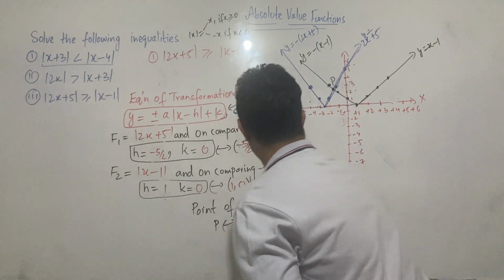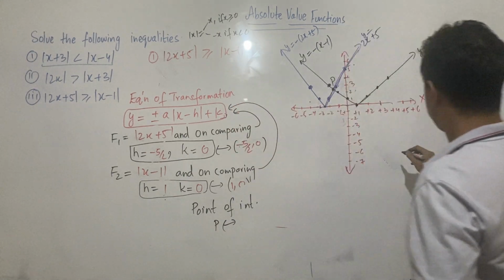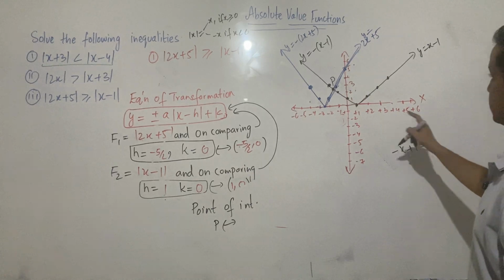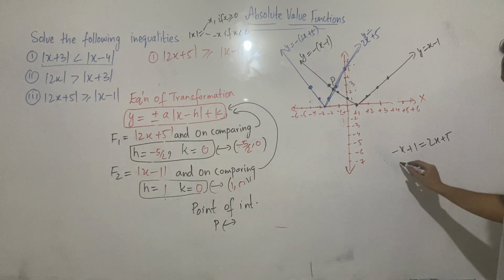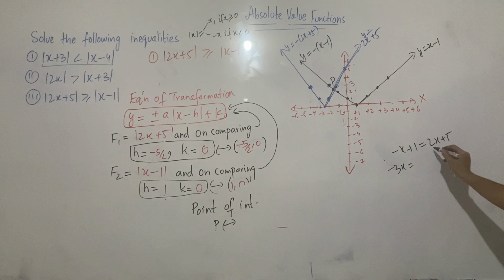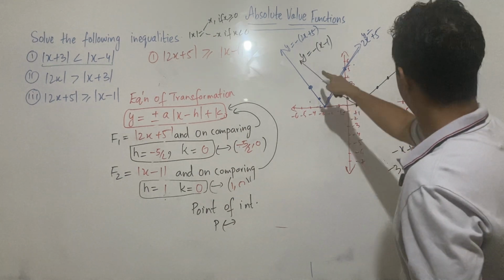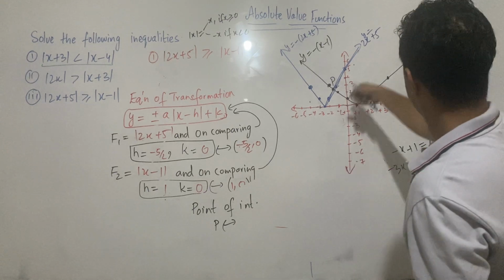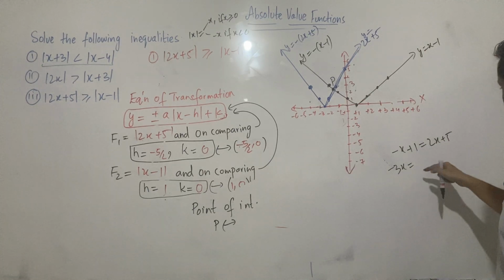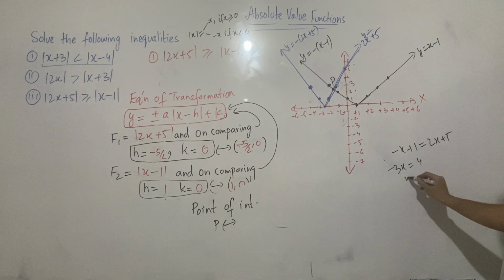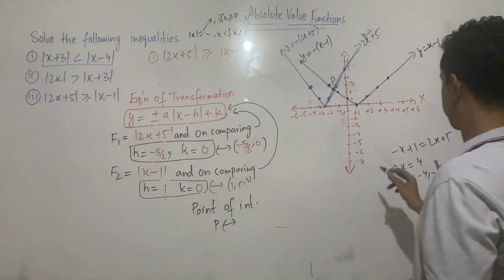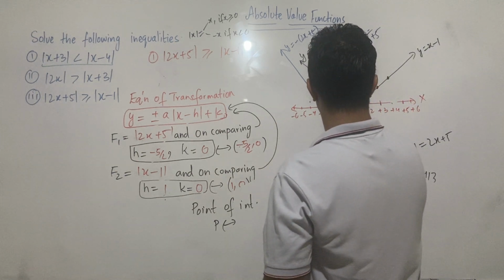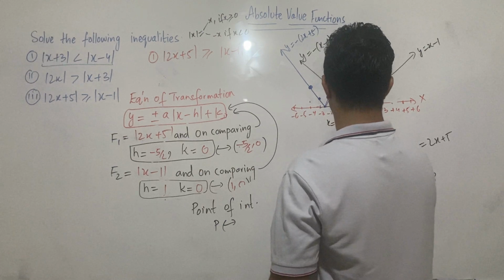So the coordinates of P would be from this line, minus x plus 1 is equal to 2x plus 5. So it's going to be minus 3x equals 4, x equals minus 4 by 3.